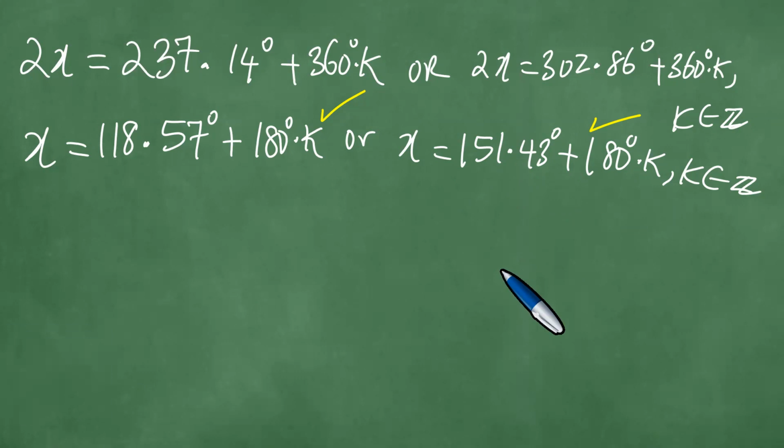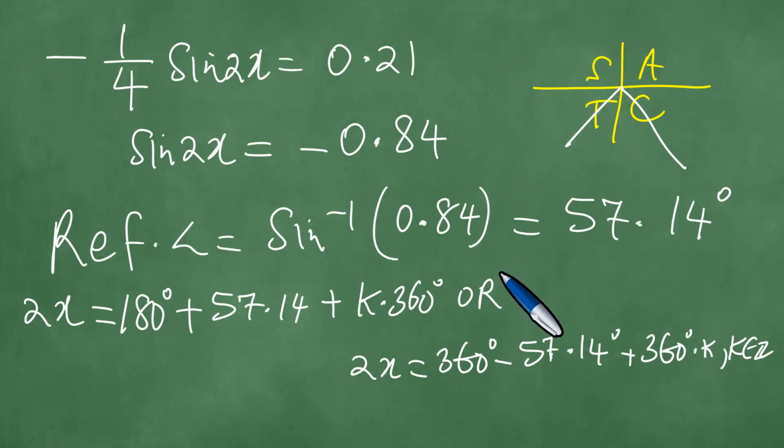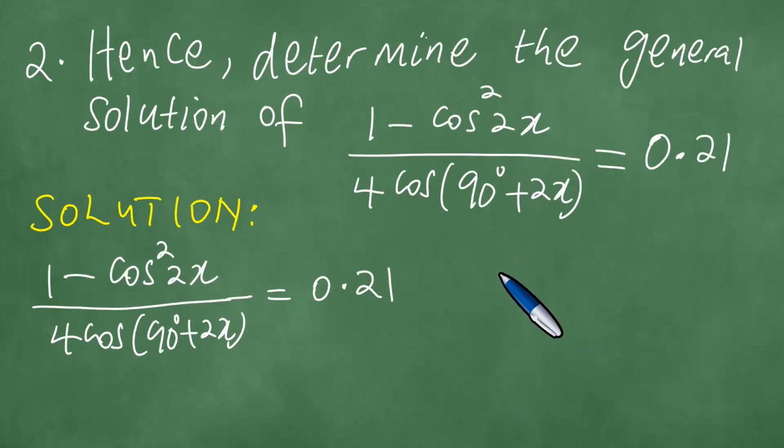Okay, so now we have to find a general solution of this particular problem here. And to determine the general solution of this particular equation, 1 minus cosine squared 2x divided by 4 cosine of 90 degrees plus 2x, which equals 0.21.